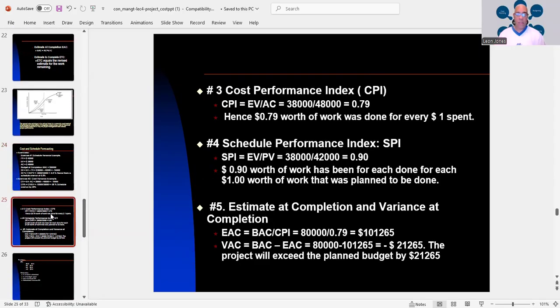Then we have our cost performance index, CPI equals EV divided by AC. 38,000 divided by 48,000 is 0.79. So what that means, let me explain it a little better: for every dollar spent, you have 79 cents worth of work done.